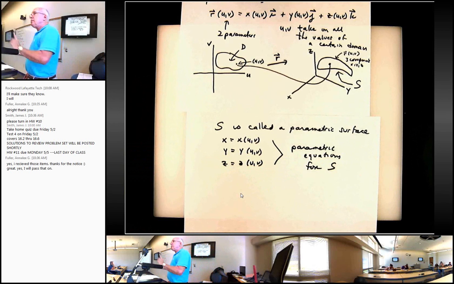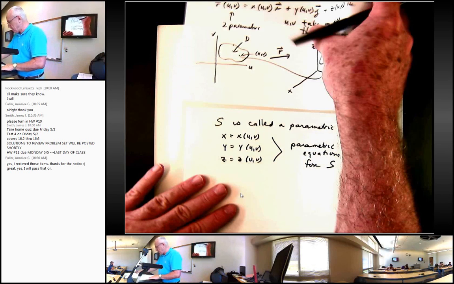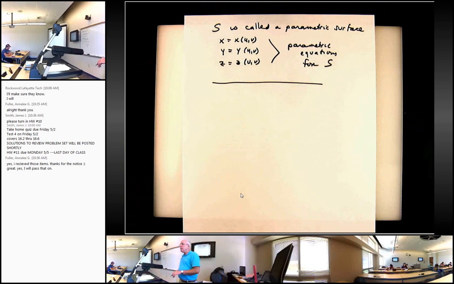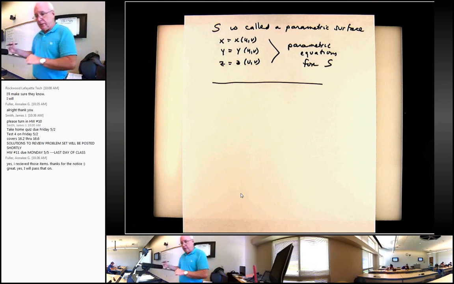I'll do one example and then I'll shut up. Then we'll continue on Monday with this. Let's look at a sphere, just the outside of the sphere.